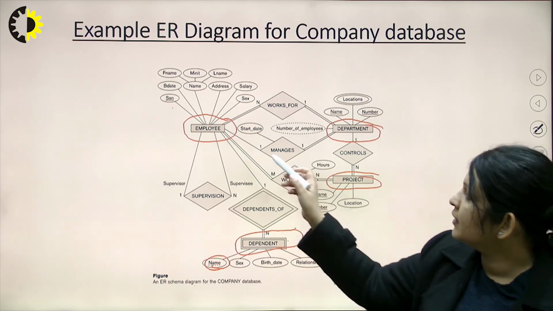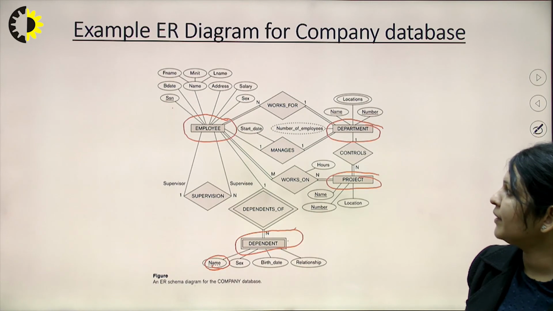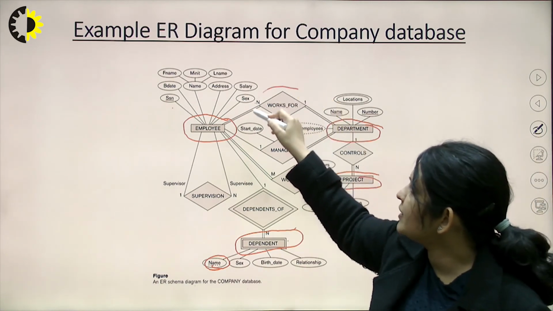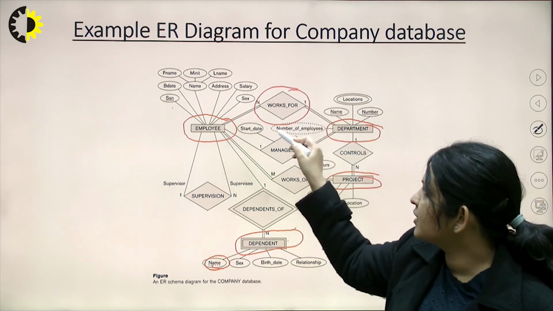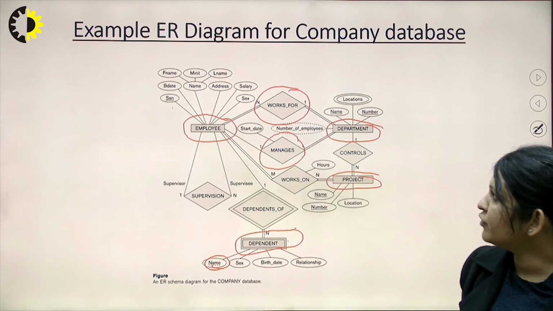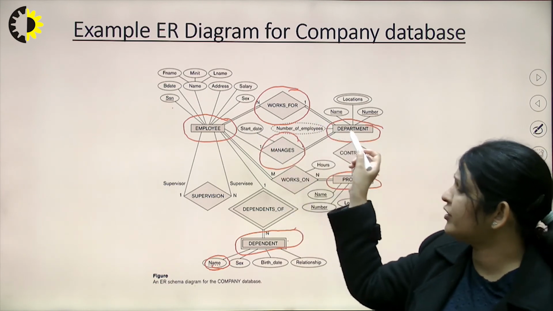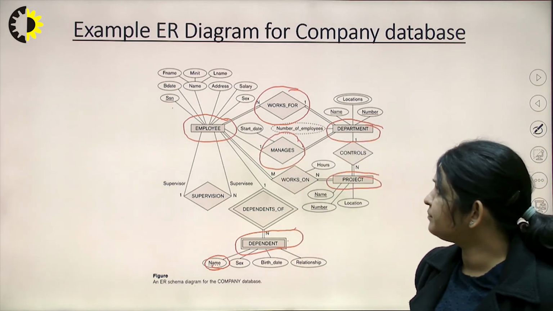Then this particular employee is related to the department through a diamond, which is used for showing relationships. Here works_for is a relationship which shows that this employee works for this particular department.